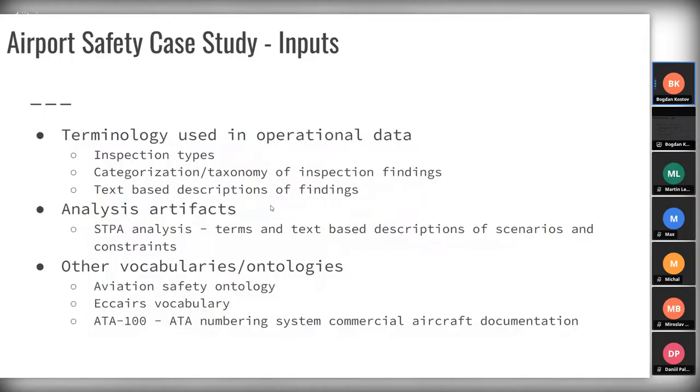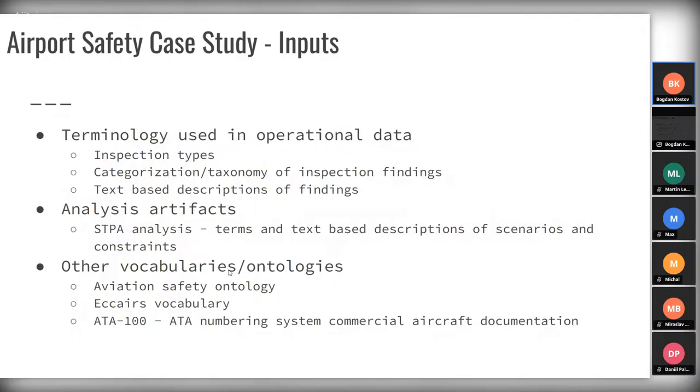So we've been doing some experiments with multiple projects, but I guess the most advanced one is the current one, which is regarding airport safety. So in airport safety, what are our inputs and how are we processing them and trying to use TermIt with this?